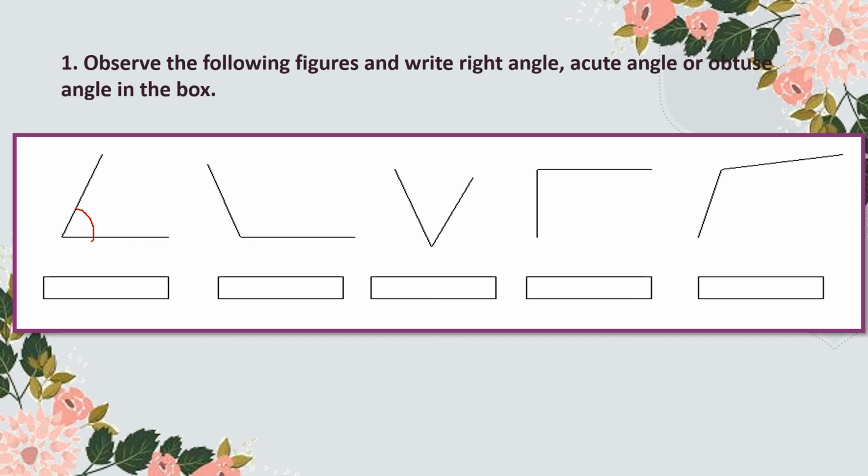No, it is less than 90 degrees, so it is an acute angle. Next, if you see this angle, this is more than 90 degrees, so it is an obtuse angle. If you see this angle again, it is less than 90 degrees, so it is also an acute angle. The last two angles, you can do it for your homework.